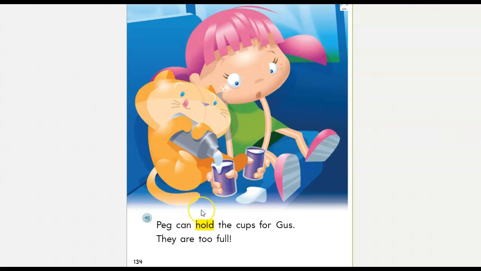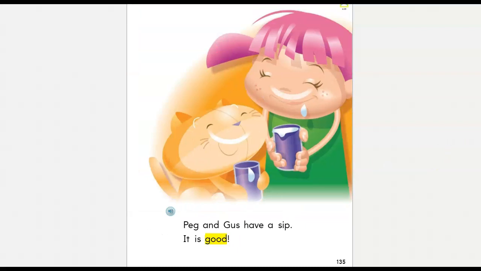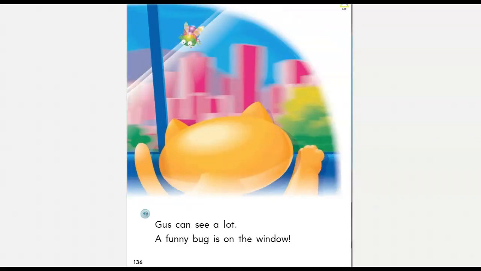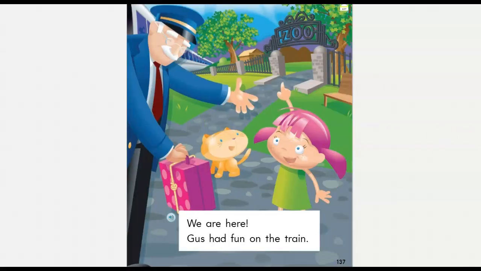Okay, so this is where Peg and Gus are pouring some milk into cups. Peg and Gus are drinking the milk in the cup. Gus is looking out his window. And then we get to the end of our story where they arrive at the zoo.